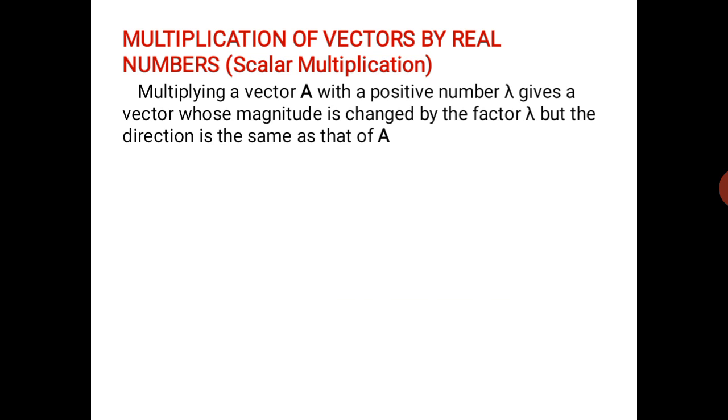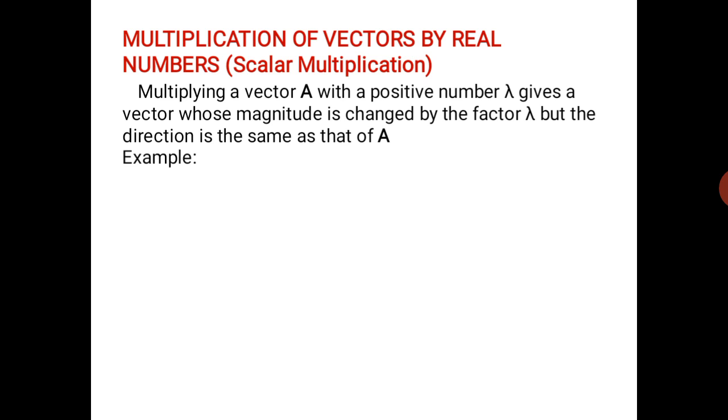The magnitude is changed by the factor lambda, but the direction is the same as that of a. And one more thing you have to remember: if lambda is negative, then the direction of the vector becomes opposite to that of vector a.